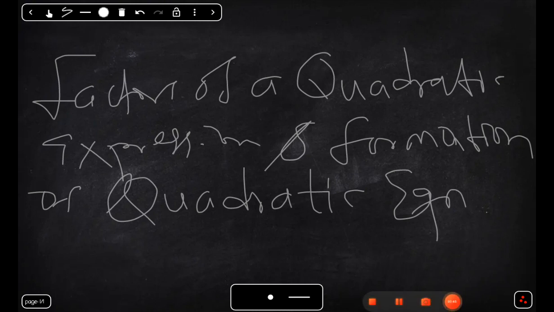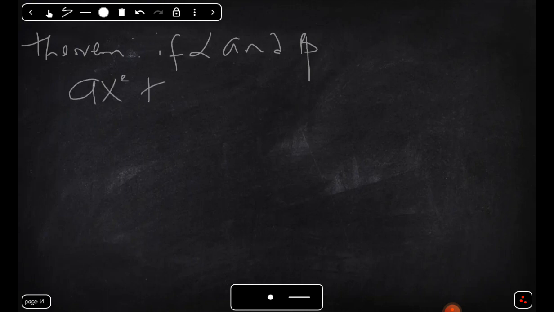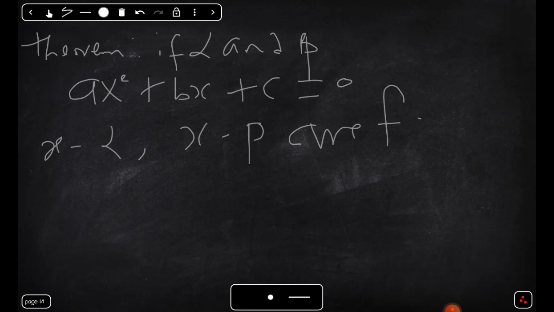Let's take a theorem. The theorem says: if alpha and beta are the roots of the quadratic equation ax squared plus bx plus c equal to 0, then x minus alpha and x minus beta are factors.